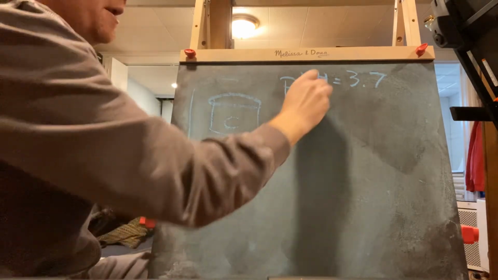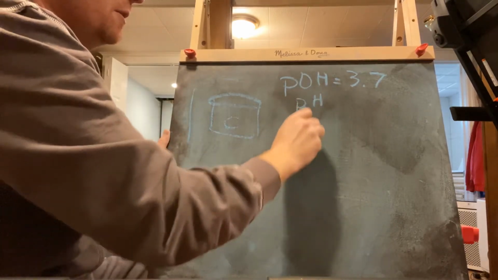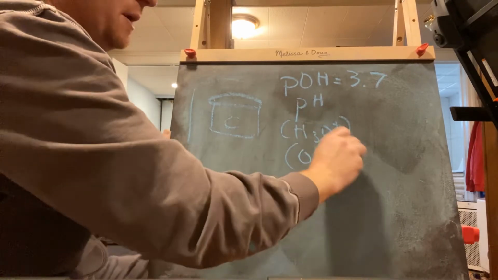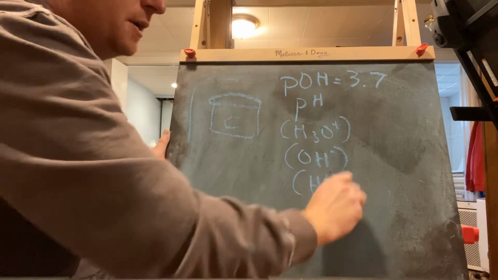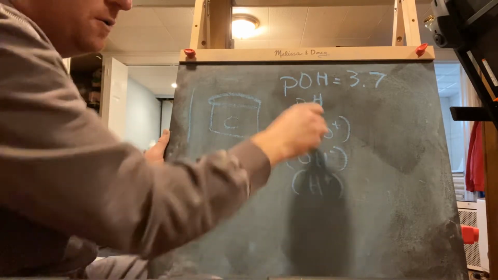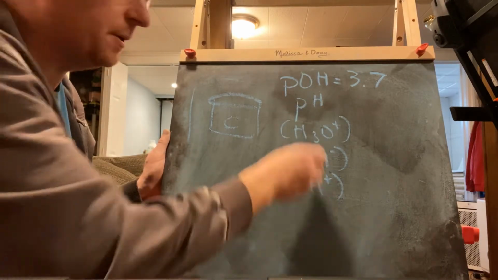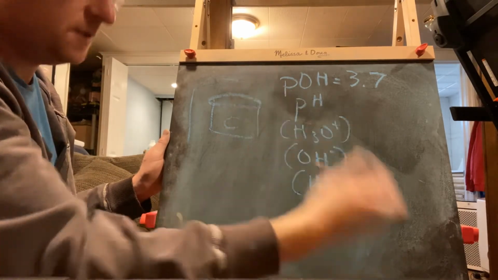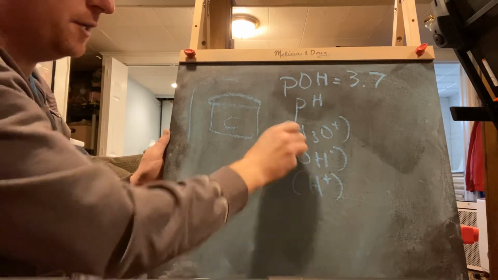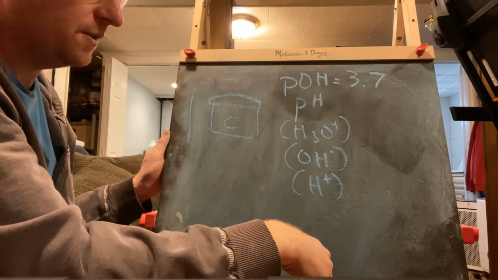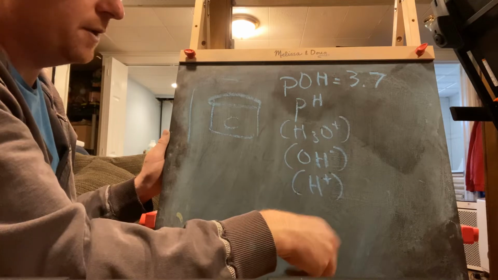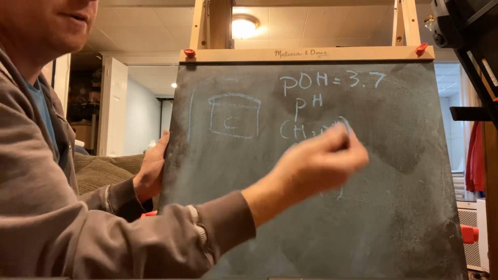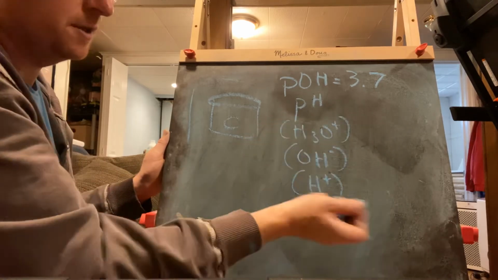And I ask pH, H3O plus, OH minus, and I'm going to keep putting H plus in there, even though I know H3O plus and H plus are the same thing. It's good to keep seeing this because they're so interchangeable. You'll see them on some test, and it'll be second nature to you to equivocate H3O plus and H plus.